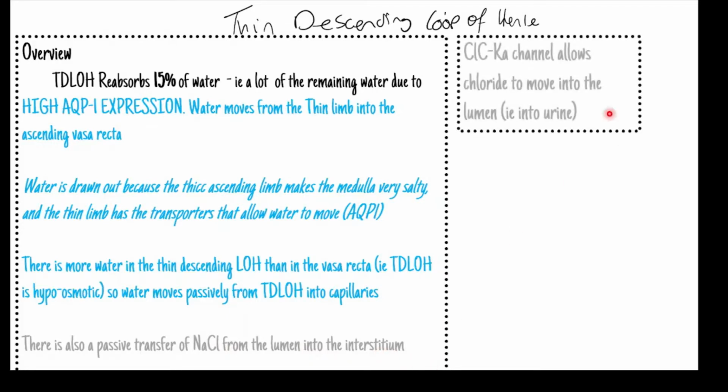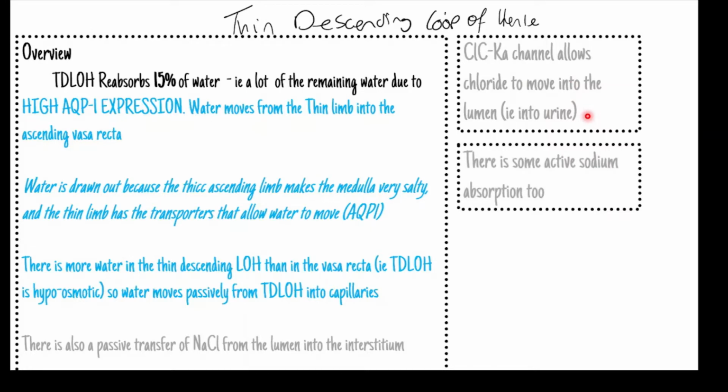And another thing is that there's these chloride channels called CLC-Ka, and these allow chloride to move into the lumen in the thin descending limb, i.e. they basically allow chloride to be excreted into urine, and that occurs at the thin descending limb. There's also some active sodium absorption too, but not much, to be honest.